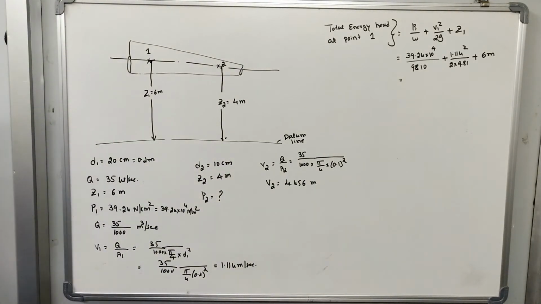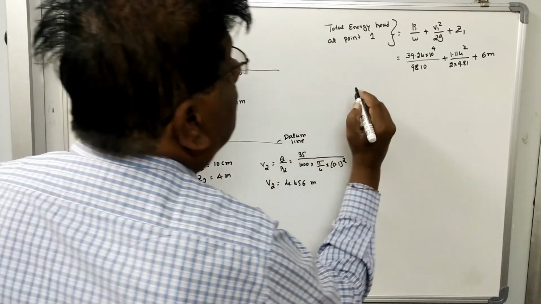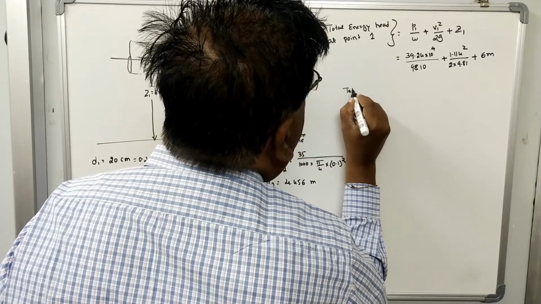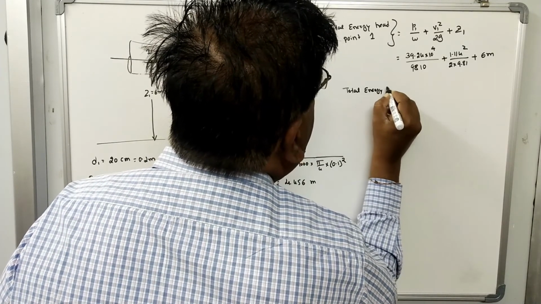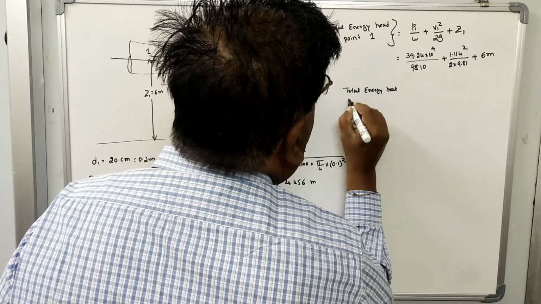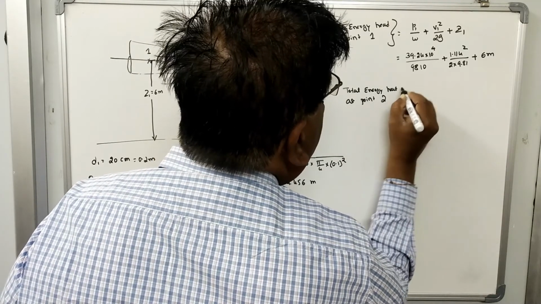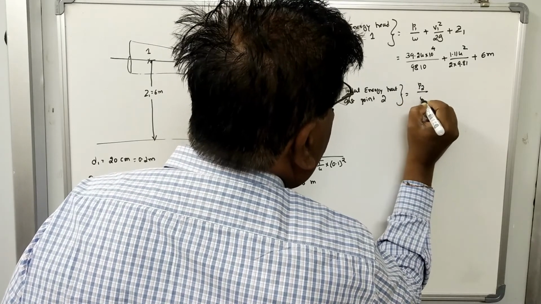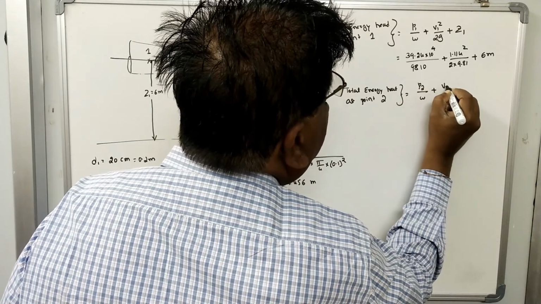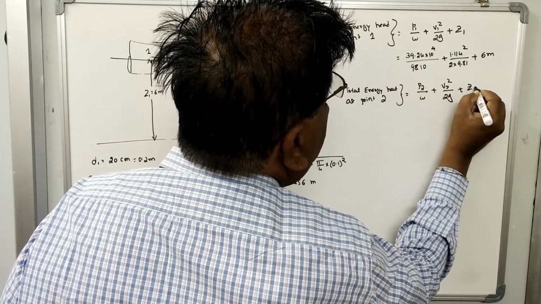Now you calculate the total energy head at point 2. This is equal to P2 by W plus V2 square by 2G plus Z2.